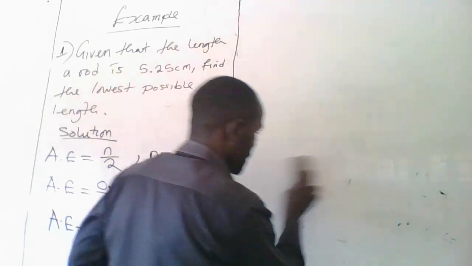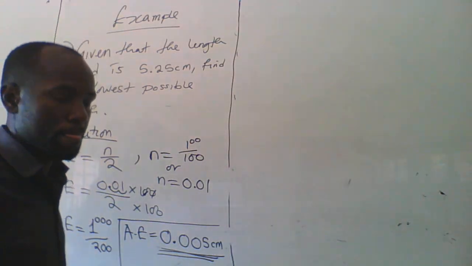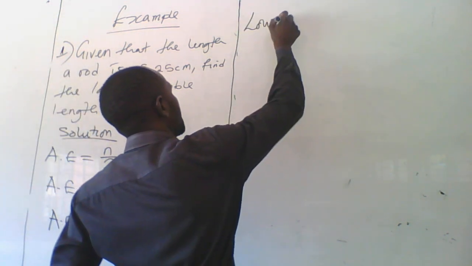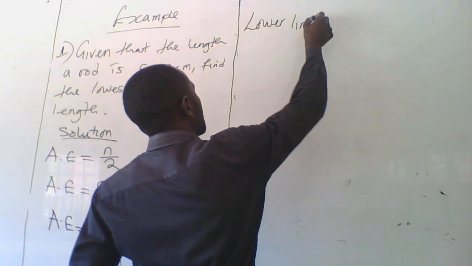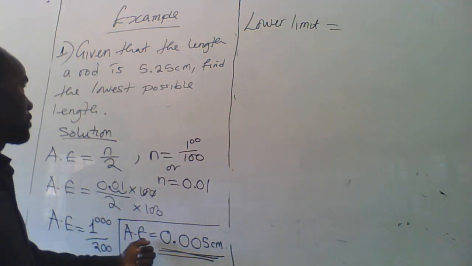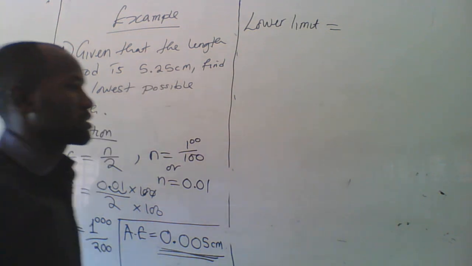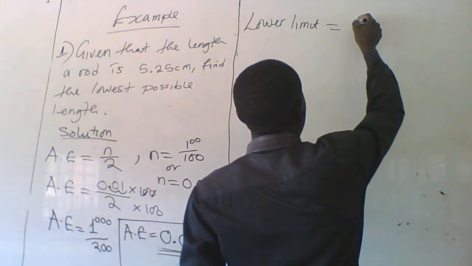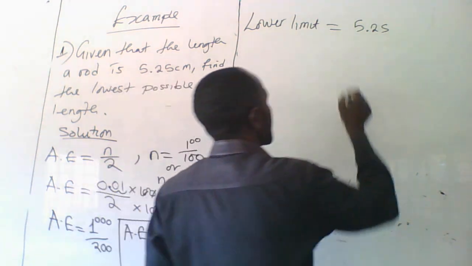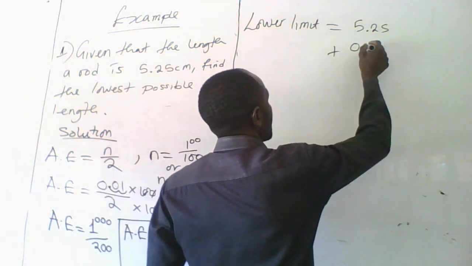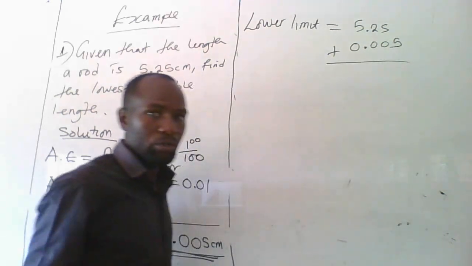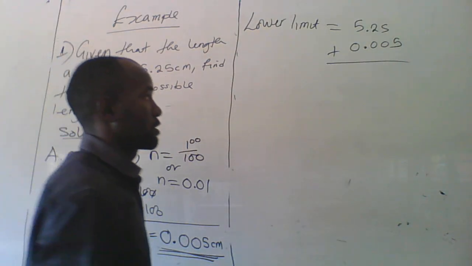The lower limit will be equal to the true measure plus the absolute error: 5.25 plus 0.005.